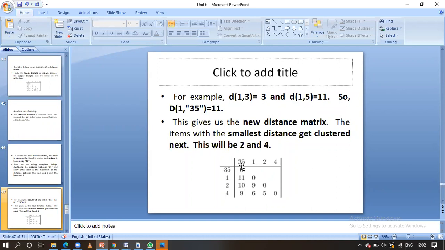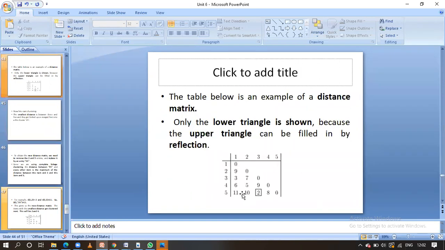Okay, likewise 3 నుంచి 4 కి, 3 నుంచి 9 కూడా చూద్దాం. Here 9 is the value. 3 నుంచి 5 కి, 3 నుంచి 9 కి అన్నమాట.